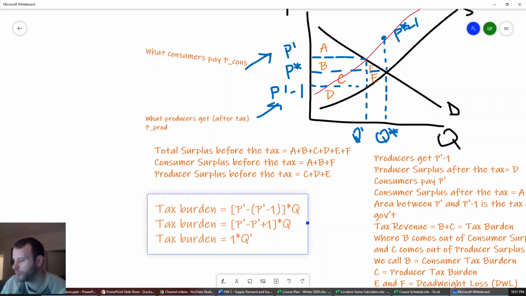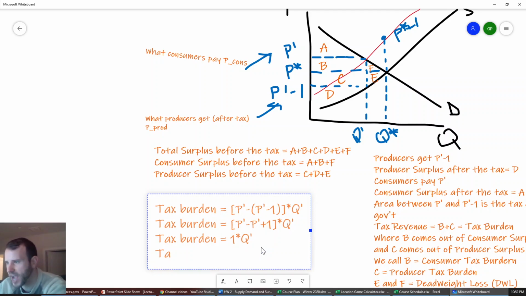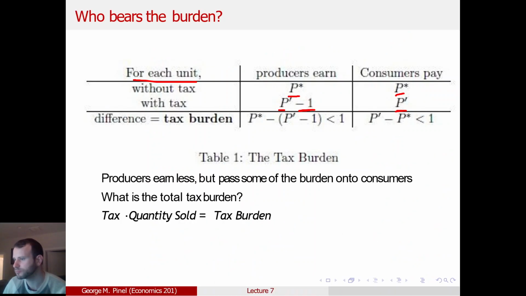I want Q prime, since that's the new equilibrium quantity. So another way of saying that, your tax burden in general is going to be your tax times Q prime. Our tax just happened to be 1 here. So your tax times your quantity sold is your tax burden. And 1 times Q is your tax burden in this case.